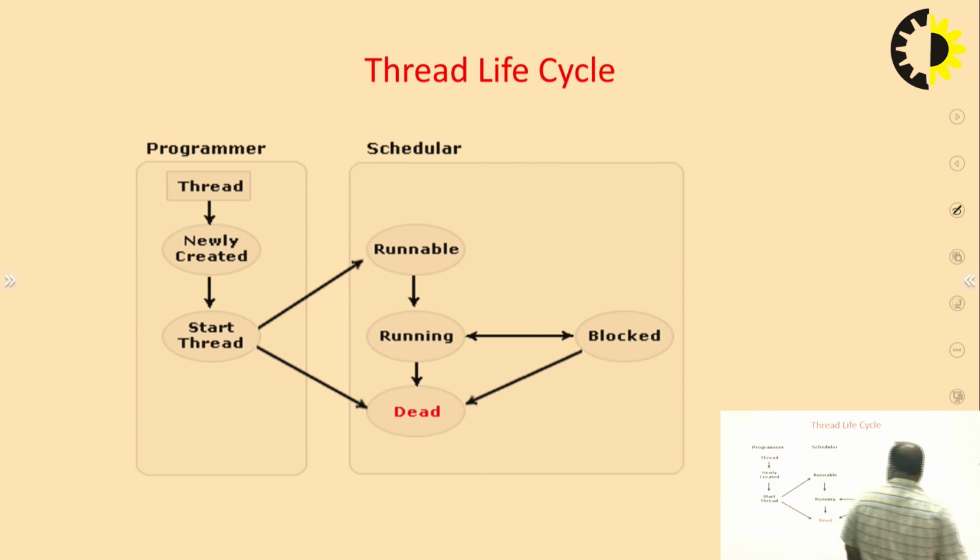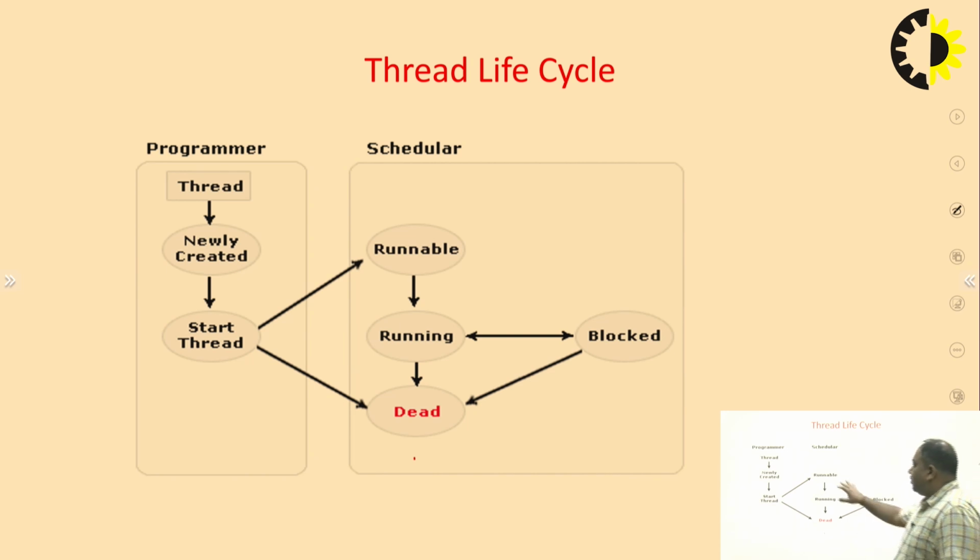But the thread life cycle is divided into 2 phases. First is the programmer, and another is the scheduler. This means when the programmer starts the thread, then with the help of the scheduler, it goes through the states, whether it is runnable, running, in a waiting or blocked state, or in a dead state.